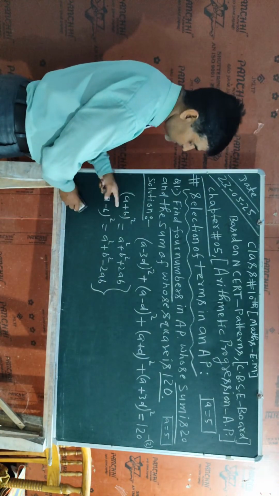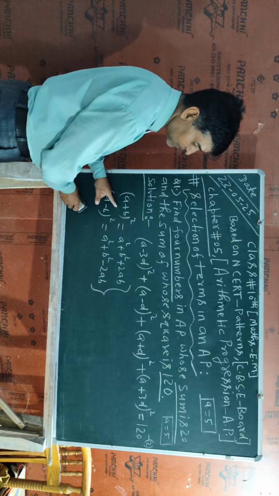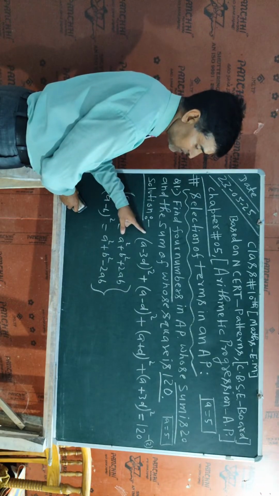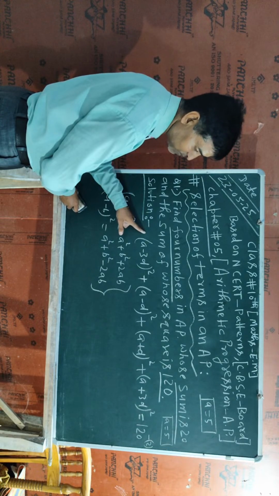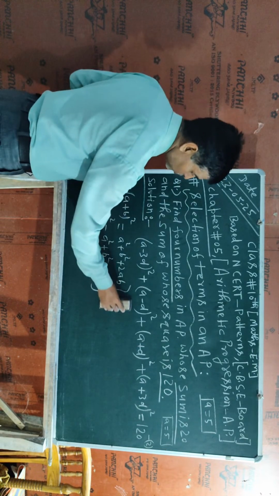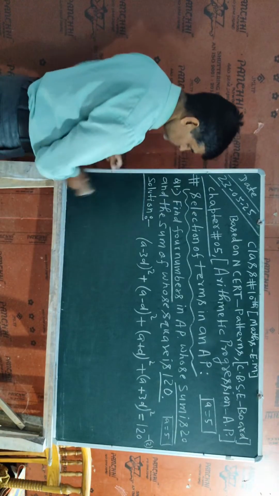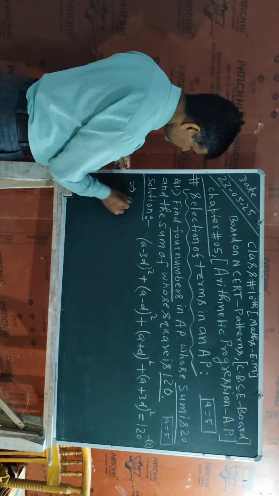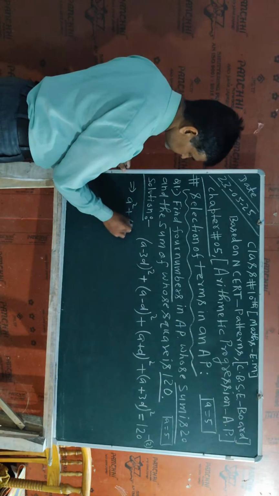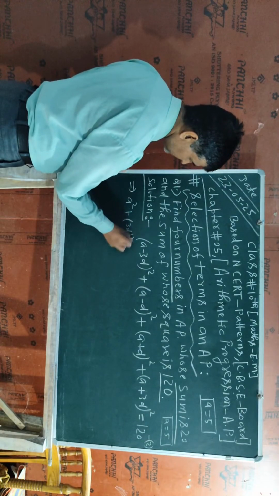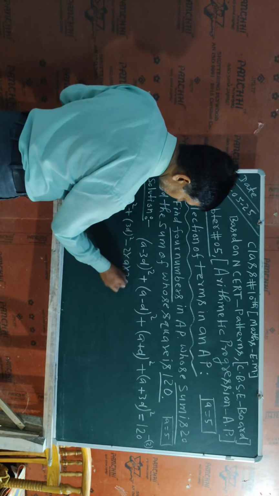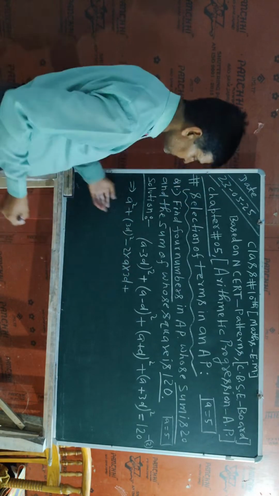Now this algebra identity I am going to erase. After erasing, I will substitute its concept and simplify. Now here I will write a square plus b square minus 2ab. Okay, this term I have simplified.